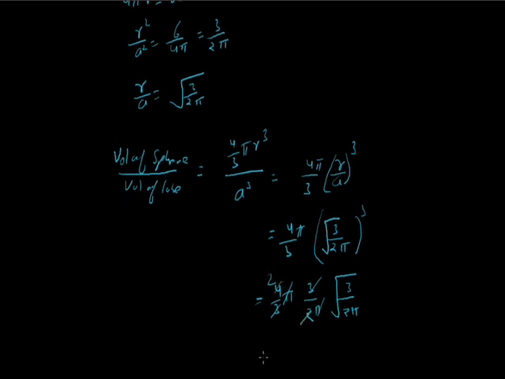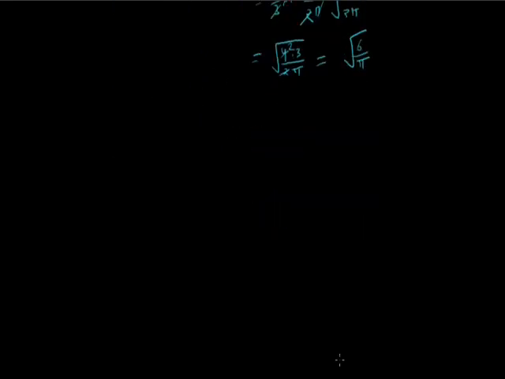Now इस 2 को अगर अपन रूट के अंदर ले जाएंगे तो 2 becomes 4 into 3 by 2 pi. Now इस 4 से अपन 2 कैंसिल कर सकते हैं तो we are getting under root of 6 by pi. So the ratio of the volume of sphere to the volume of cube is under root 6 by pi. Okay, now we move to the next question.